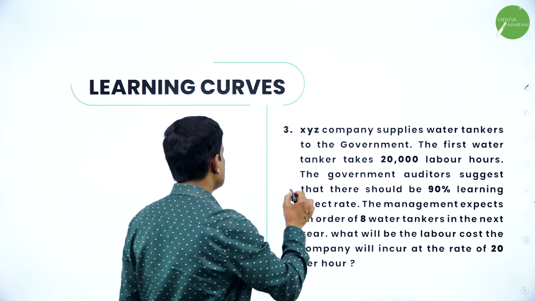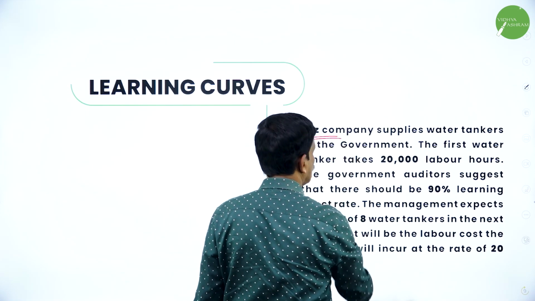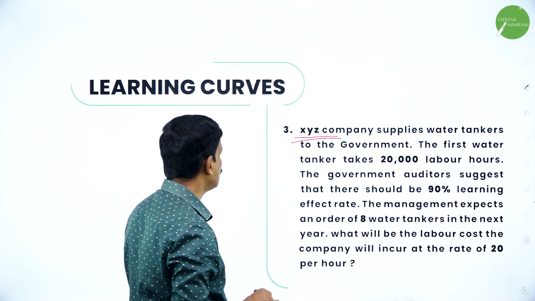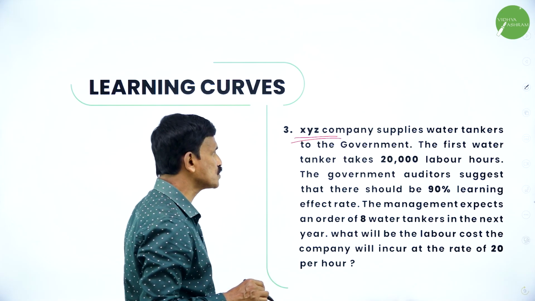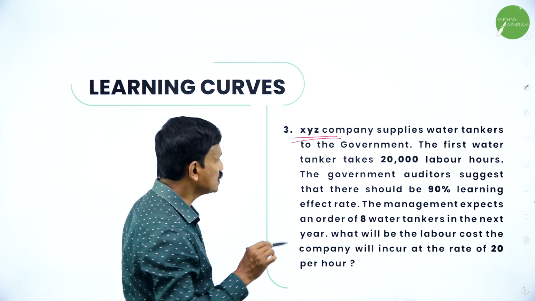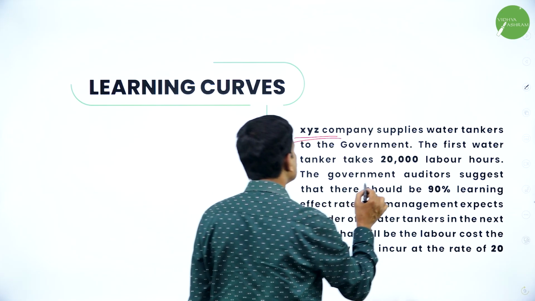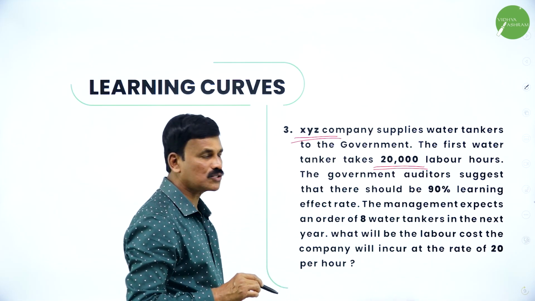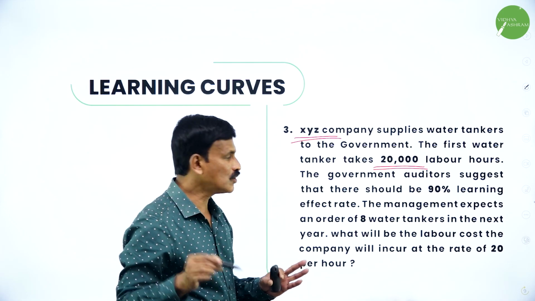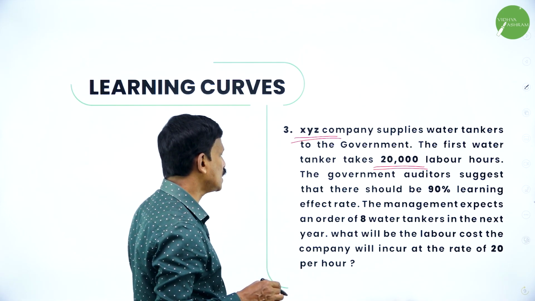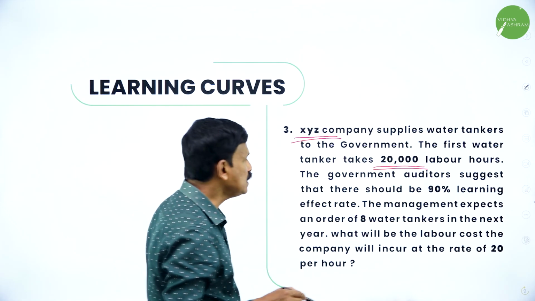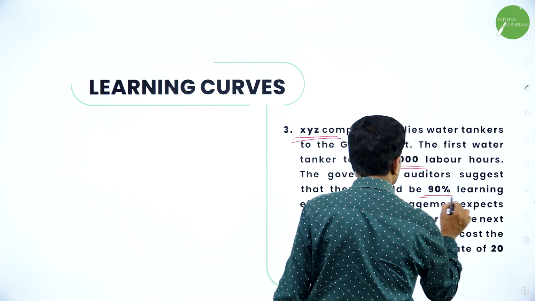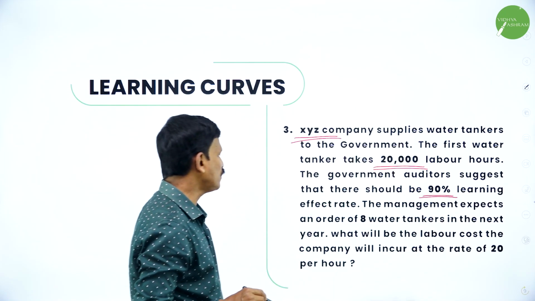So here the company is XYZ. It supplies water tankers to the government. The first water tanker takes 20,000 labor hours. The auditors suggest a 90% learning effect rate.